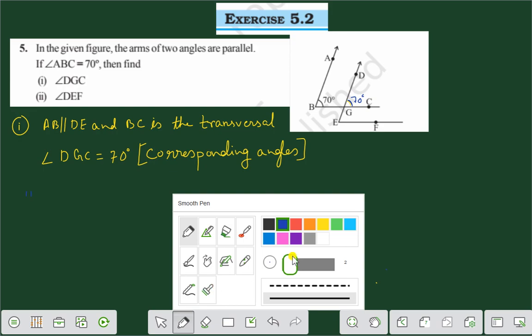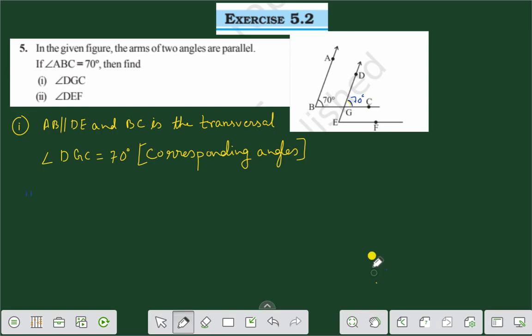Here you see question number 2. You have to find angle DEF. Now, here you see these sides are parallel. BC is parallel to EF, and DE is the transversal.